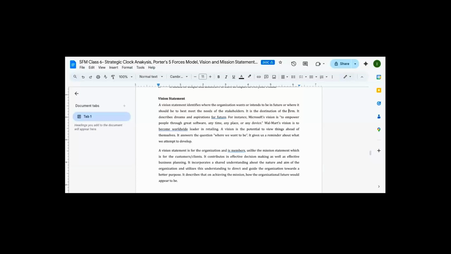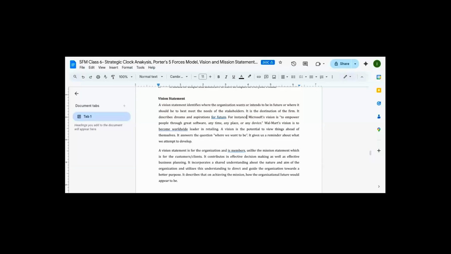So it is this vision statement that will tell us the dream of the founders. And when I say the dream of the founders, I mean the dream of those shareholders that founded the company. That is what we call the vision statement. It describes the dreams and aspirations for future goals. Let's look at the vision statement of Microsoft.